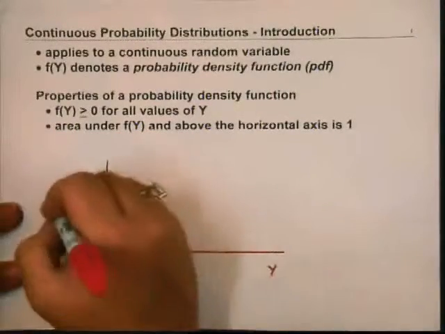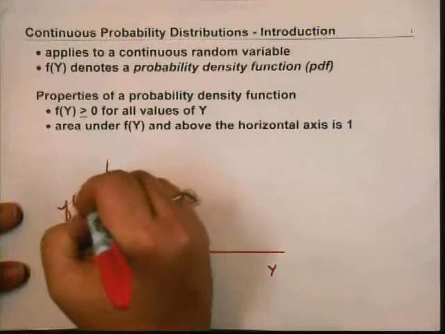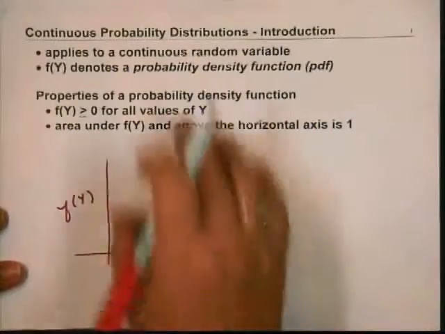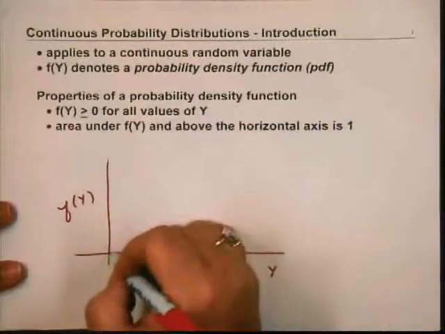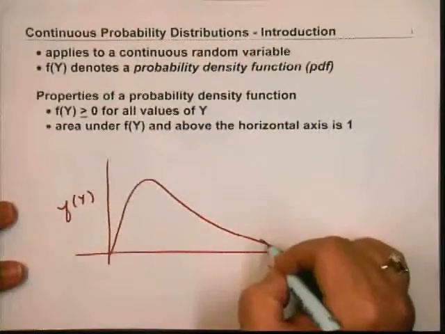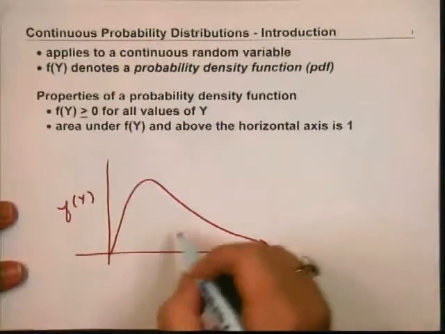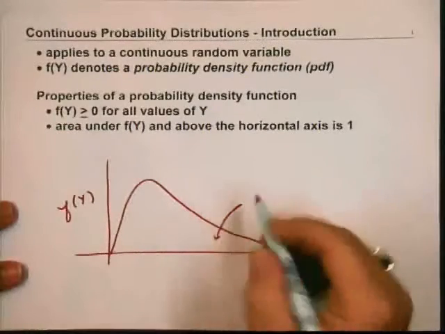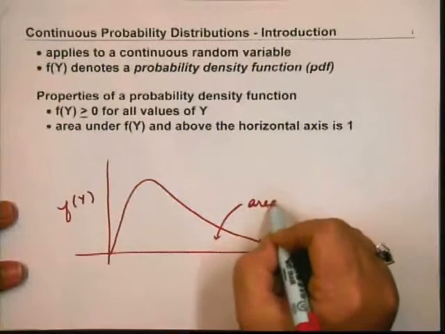When we look at our probability density function, f of y, on the vertical axis, we have a curve for f of y. The area under this curve and above the horizontal axis is equal to 1.